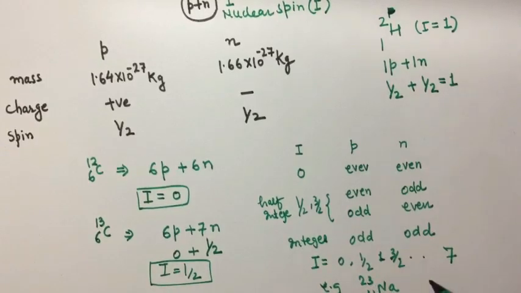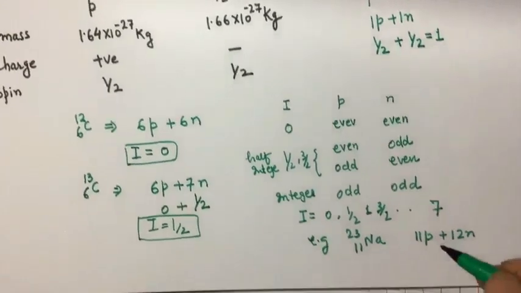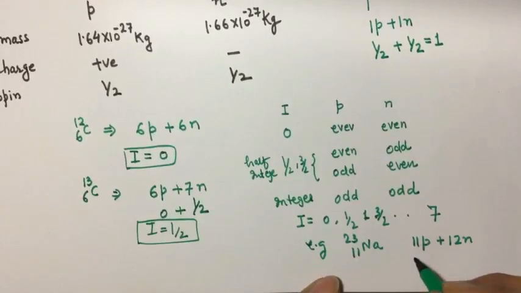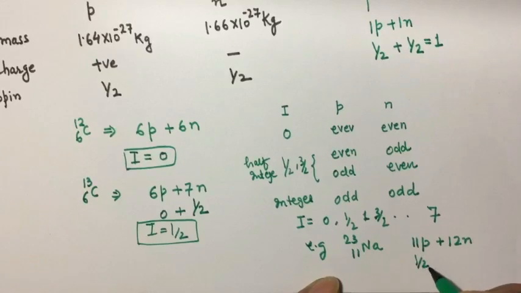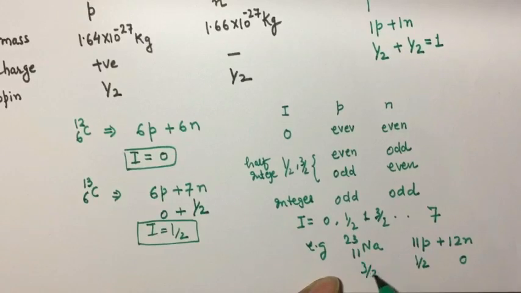Sodium has 11 protons and 12 neutrons. The 11 protons should give 1/2 spin value, and the neutrons give 0, so I should be 1/2, but no, this is not the case. For this we have a spin value of 3/2.